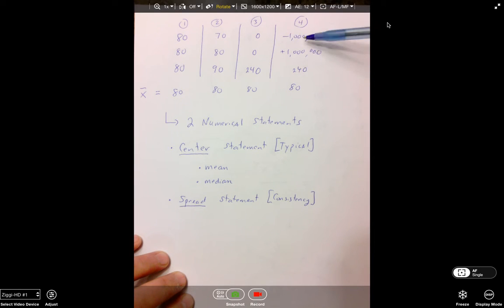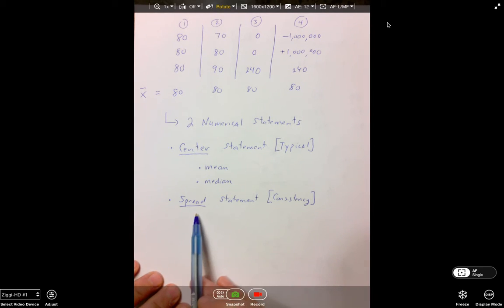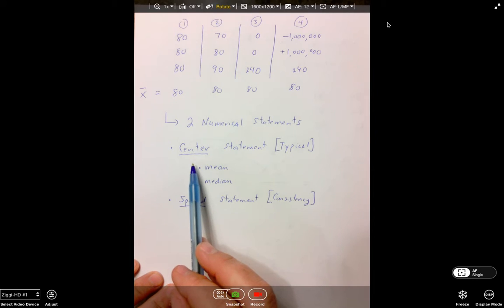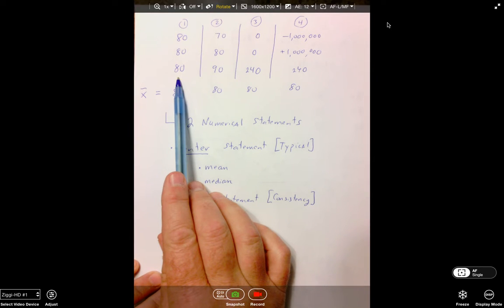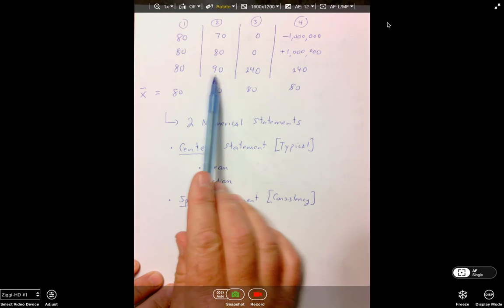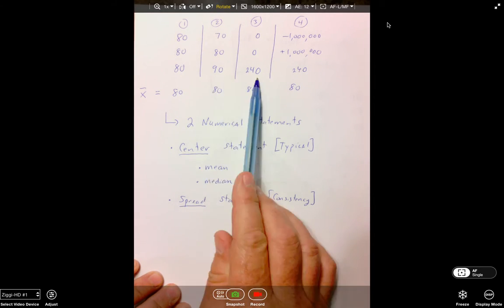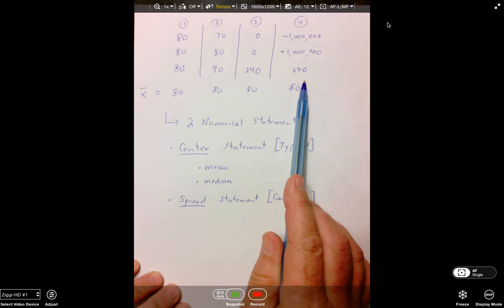Now, over here, it's just completely wacky. Jumping from negative a million to 240 still has an average of 80, but in terms of the consistency of the scores, there's nothing whatsoever consistent about those 3 scores. So we want to come up with spread statements as well as center statements to address the consistency of scores. Completely consistent, kind of consistent, a little bit consistent, and this would be just completely and totally inconsistent.